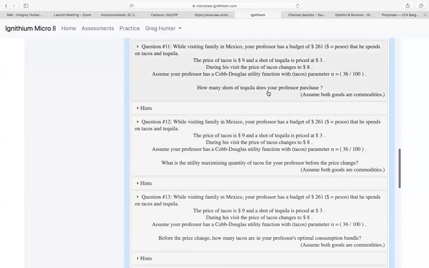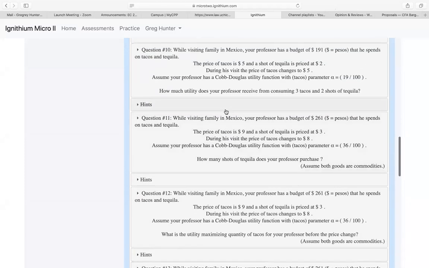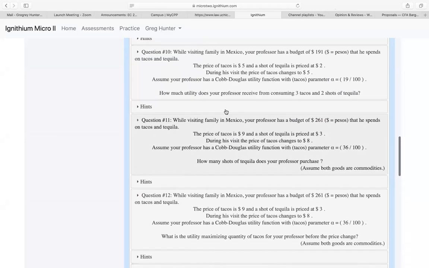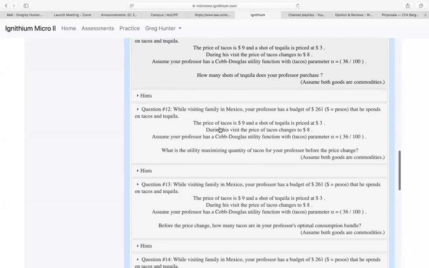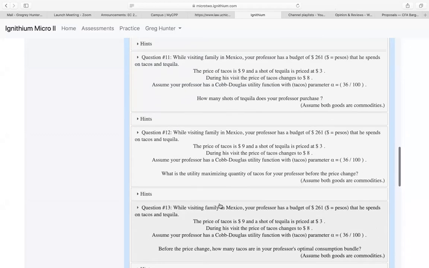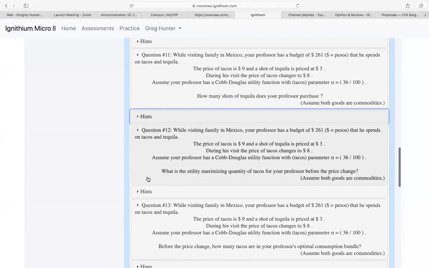So just to show you really quick, in terms of working through these problems, we get here to numbers 11 and 12 and 13, and we solve the tequila one. And then question 12 says, what's the utility maximizing quantity of tacos? And we get that.